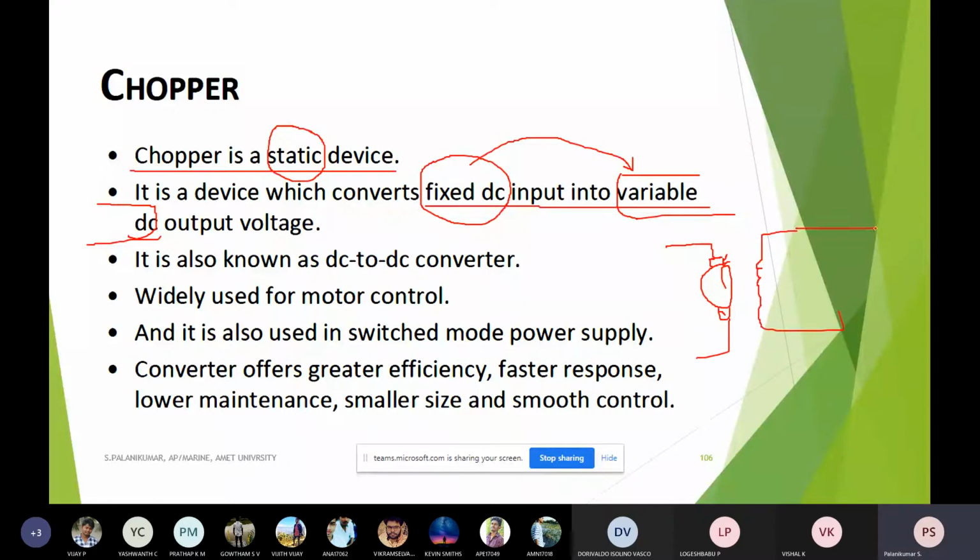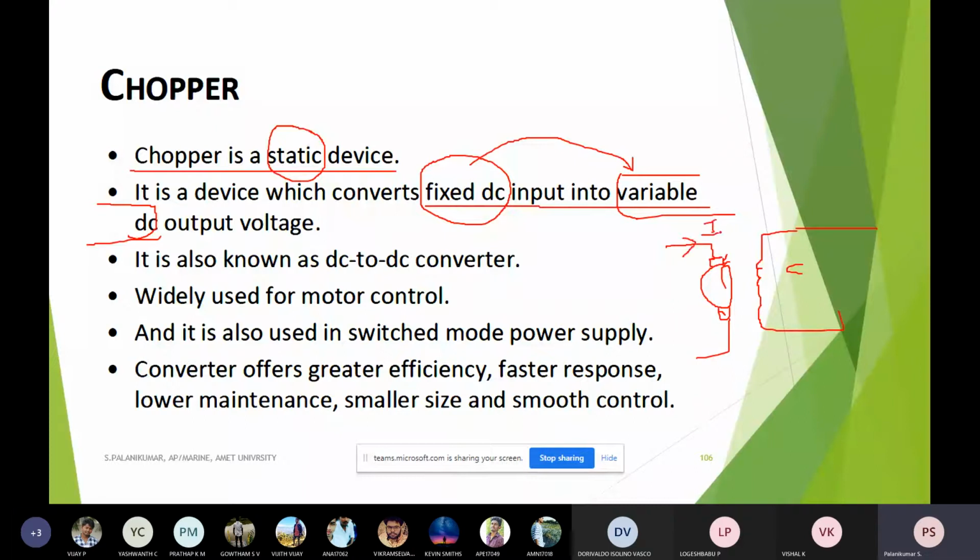If I don't want to control this voltage, I have to control the field. If I control the field, there is a possibility of varying the speed. Or if I keep the field constant and vary the armature voltage, by that I can control the armature current.